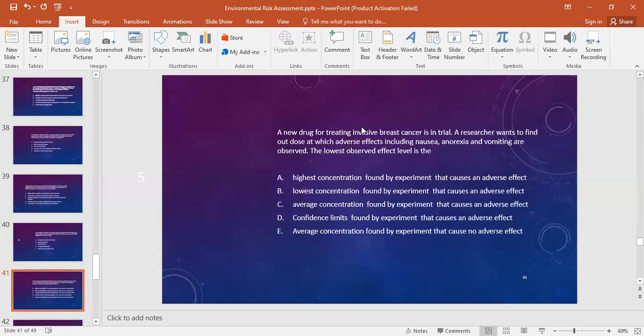A new drug for treating invasive breast cancer is in trial. A researcher wants to find out dose at which adverse effects, including nausea, anorexia, and vomiting, are observed. The lowest observed effect level is the highest concentration found by the experiment that cause an adverse effect. Lowest concentration found by experiment that cause an adverse effect.